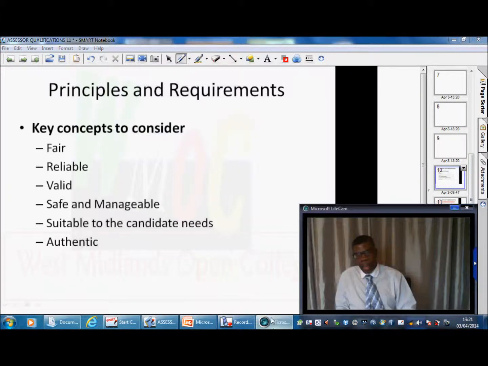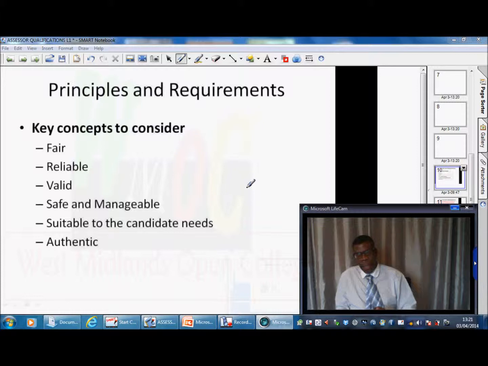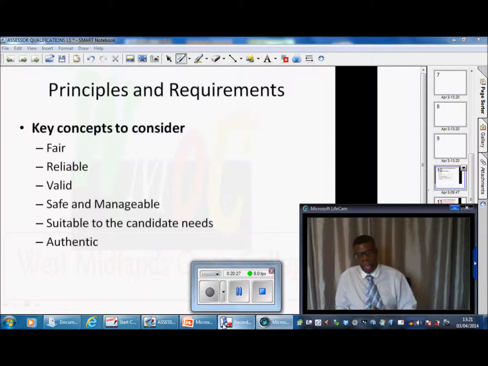Now, principles and requirements of assessment will be our next session. And before I continue this, I'd like us, first of all, to take a little break and continue with this section.